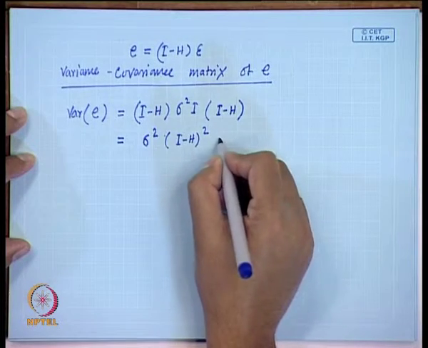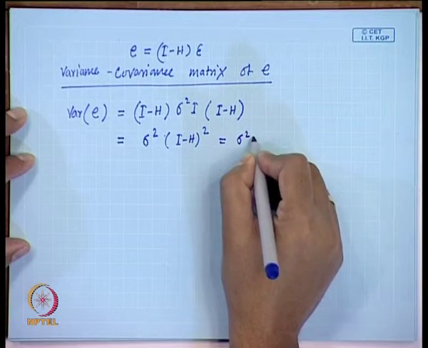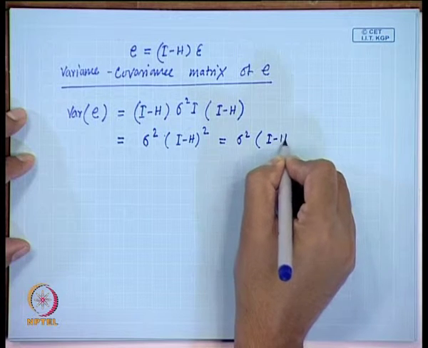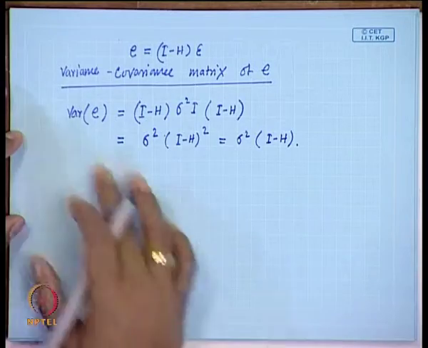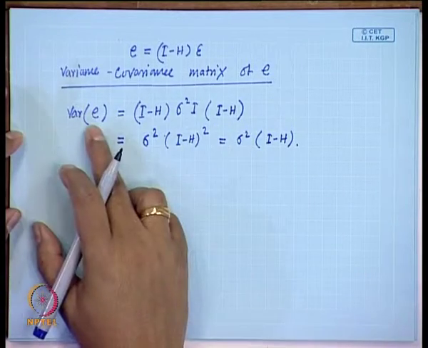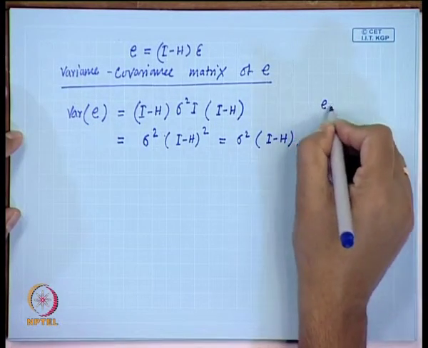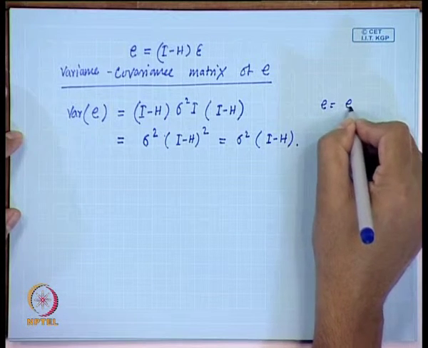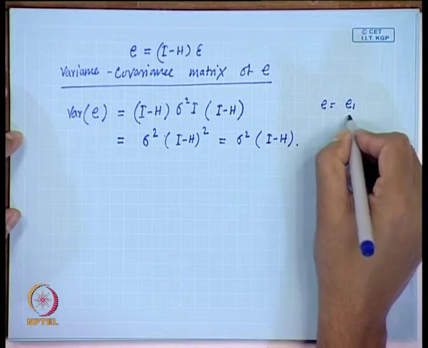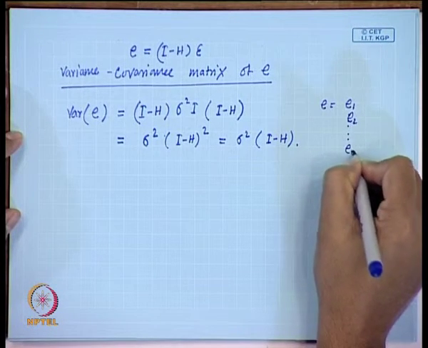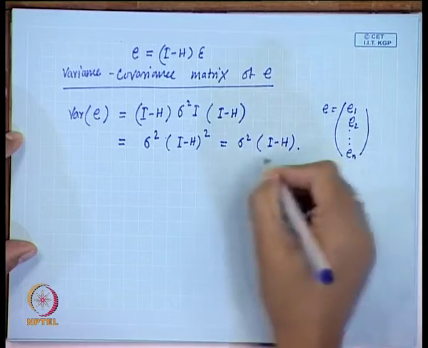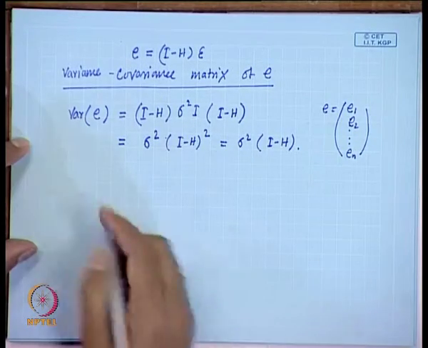So I minus H square is equal to I minus H. So we can write this as sigma square I minus H. So this is the variance covariance matrix of e. I hope you understand that e is a vector, e1, e2, up to en, and this is the variance covariance matrix of e.